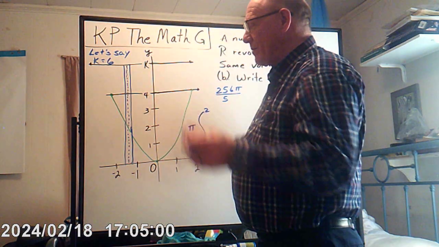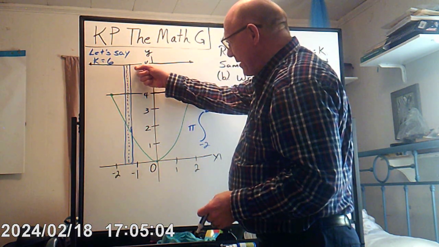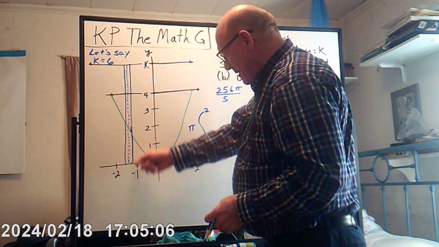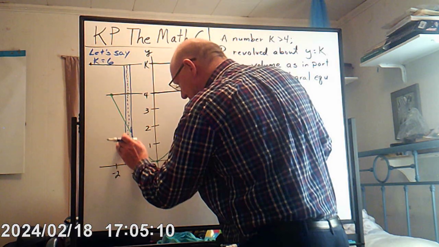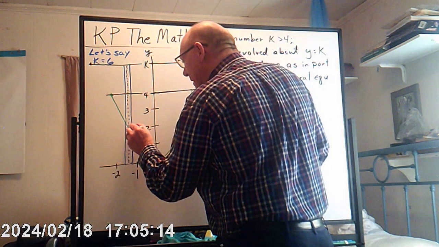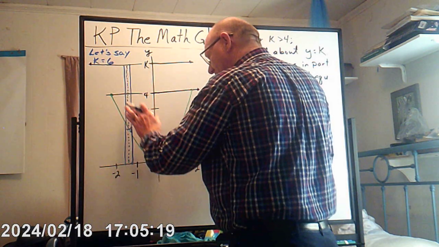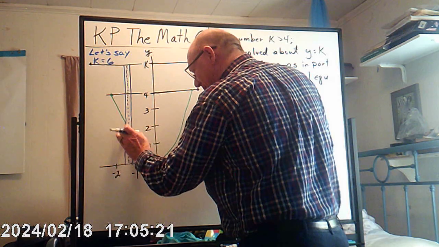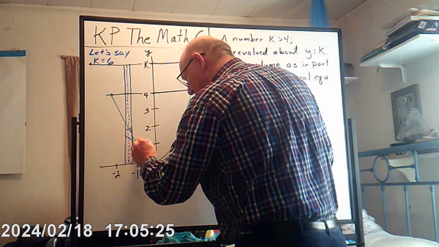We could have made it some other number. So greater than 4. Alright, so 6. This height is 6. But I need to take away this part right here, because all I really need to revolve is this area here. So I don't need this right here. I'd like to live without that.